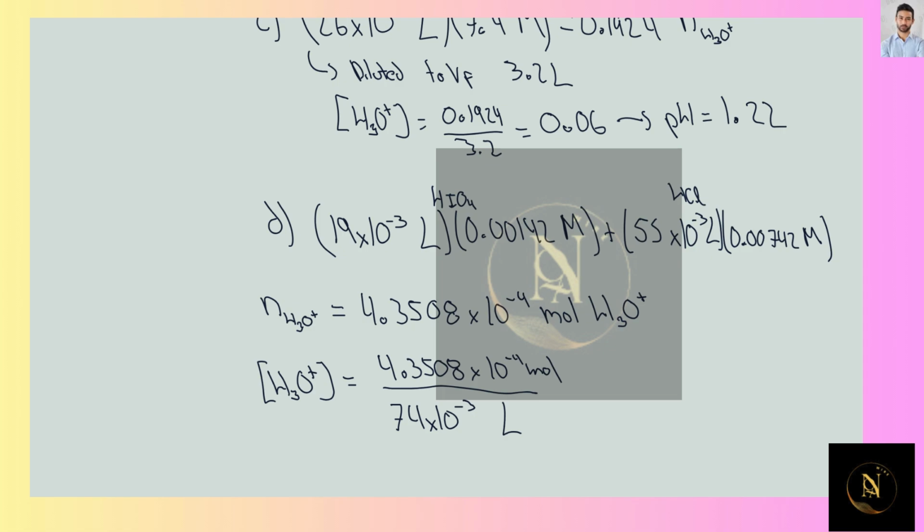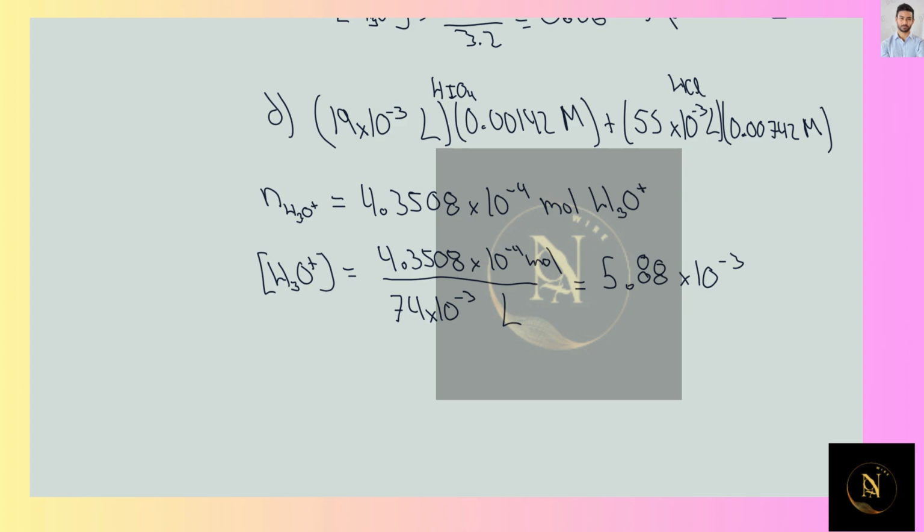Again, 19 plus 55 milliliters is 74 milliliters, and we turn that into liters. We end up with a concentration of 5.88 times 10 to the minus 3. For this one, same procedure. If we use this in our pH equation, we get a pH of 2.23. And that would be all.